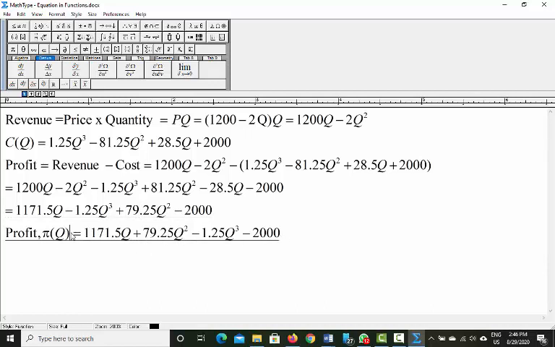We could name the profit function P also, but the name P has already been given to price. So that's why we may get some conflict with the name, and we can name it differently. We can name it by pi. Why pi?